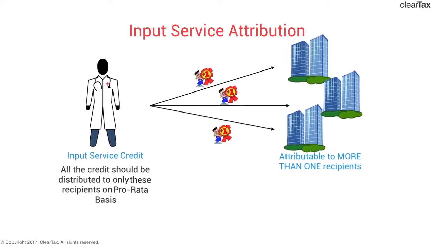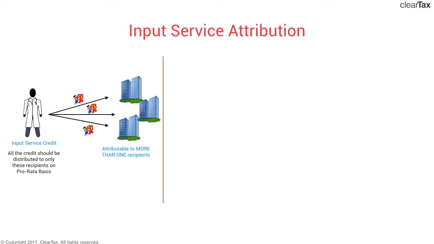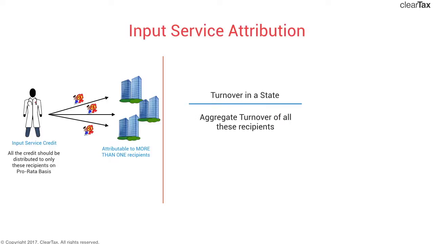What is this basis? There's a formula. It's nothing but turnover in a state of each individual recipient divided by aggregate turnover of all of these specific recipients put together during the relevant period. This is the proportion in which the credit has to be distributed to all these recipients.